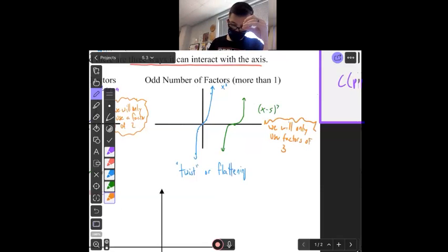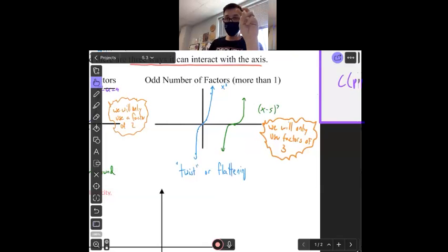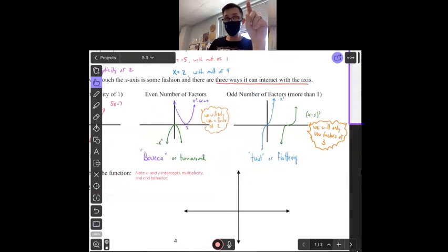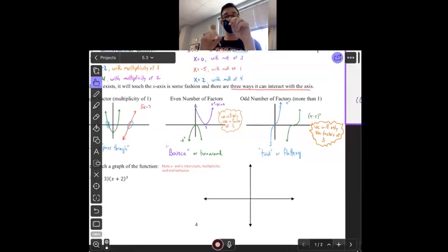So if you see any twists, you can assume that it's a multiplicity of 3, not a multiplicity of 7. So the only 3 choices we will have will be 1, 2, and 3. It's very difficult to tell the difference between a 2 and a 4, between a 3 and a 5. You need more information than we're going to get into.